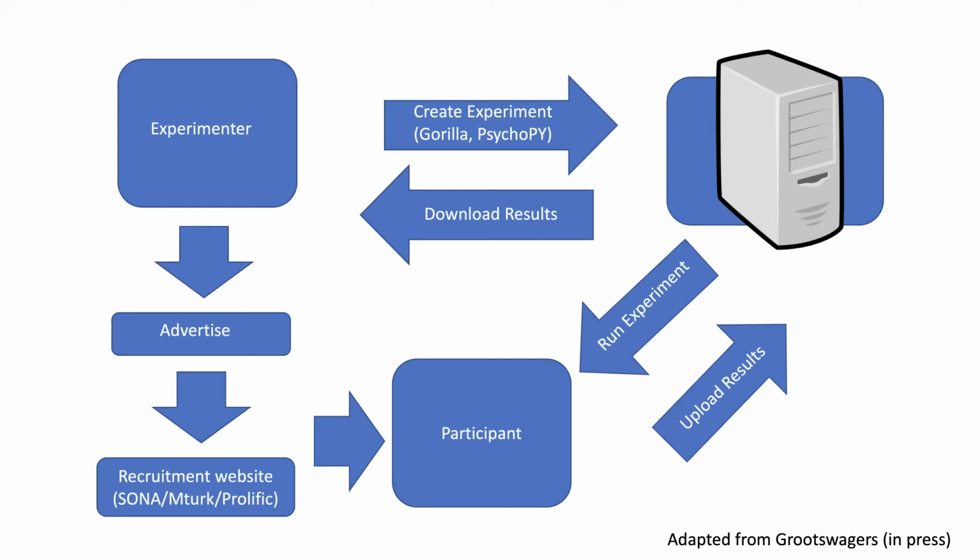And what they do is they recruit the participants, and the participants run your experiment from a server right here. And then the participants upload the results, and you as an experimenter download the results, and you analyze the data, and you write the papers. So this is a nice schematic of the infrastructure of online data collection.